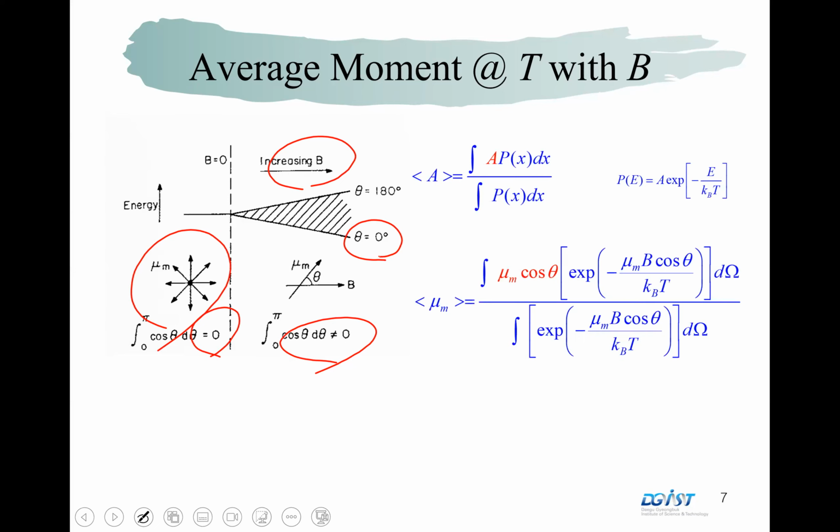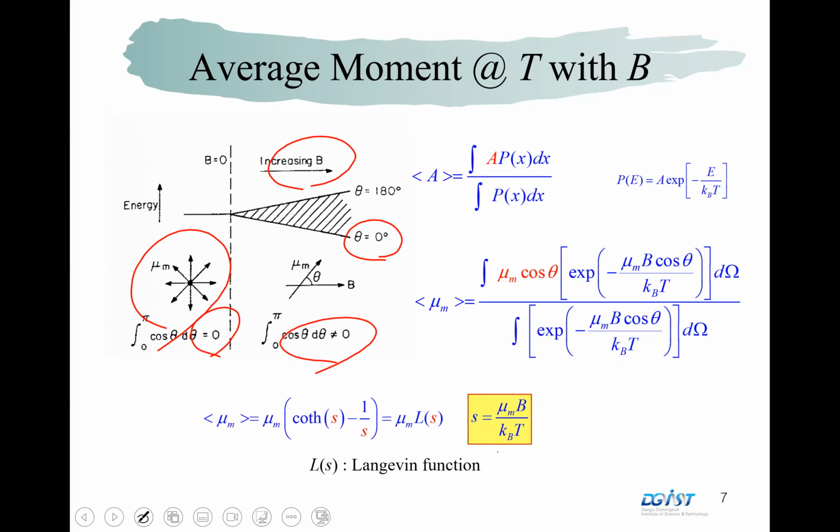So this average value gives us a certain magnetic moment, which is proportional to the magnetic moment of each atom and the Langevin function. And here x is defined by the ratio between the magnetic energy and the thermal energy.